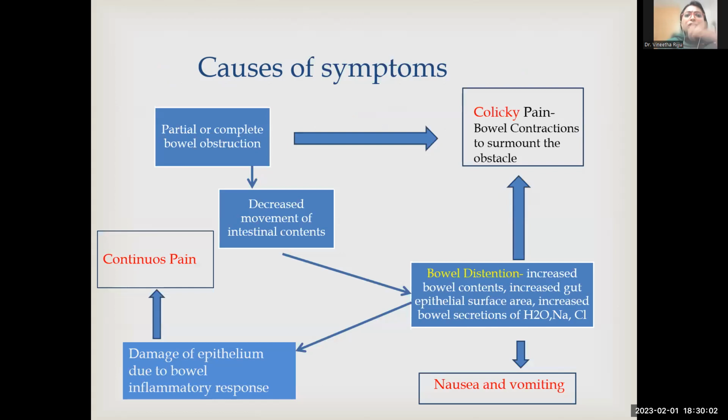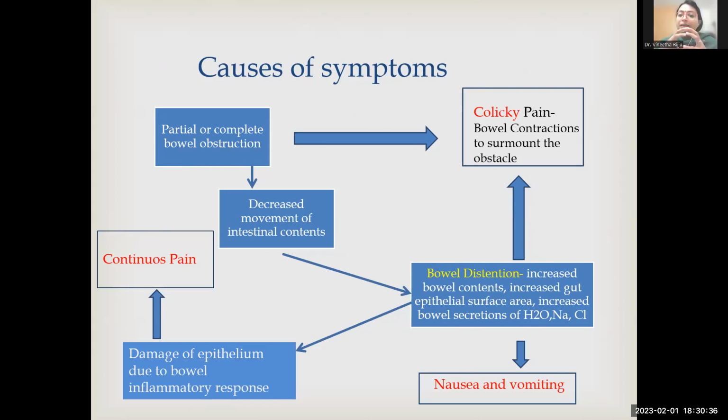And now coming to the causes of the symptoms. You did say that the patient is probably going to have severe pain, a distension feeling, bloatedness, and nausea and vomiting. Why is he developing these symptoms? In a partial or complete bowel obstruction, there is decreased movement of the intestinal contents. When there is decreased movement, the bowel gets distended.